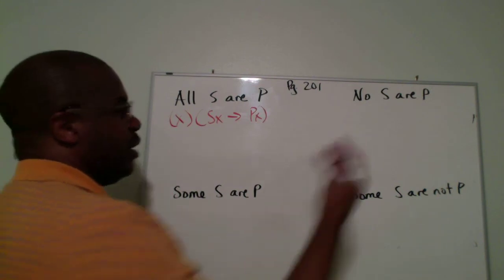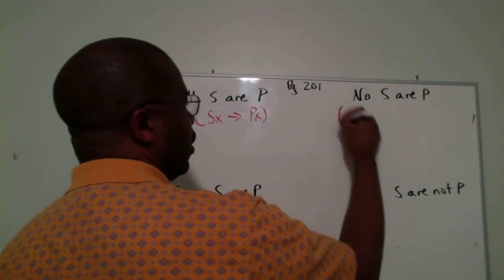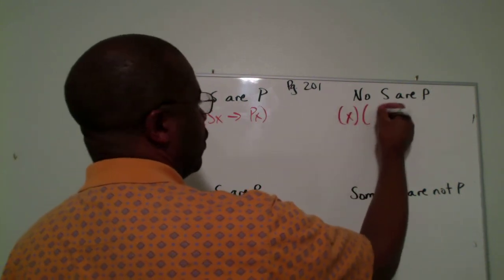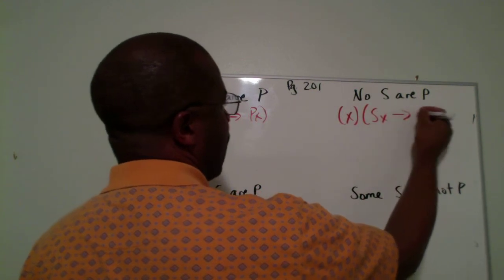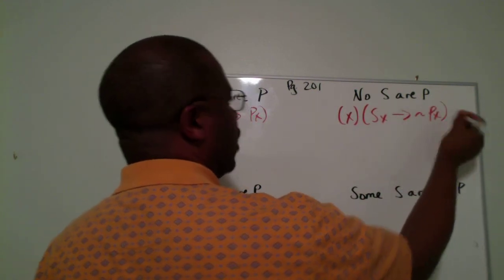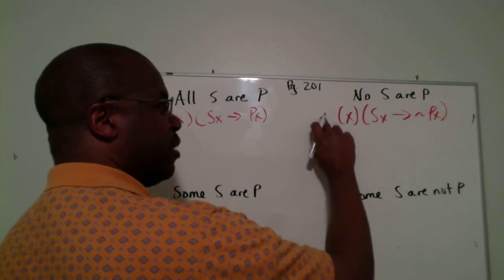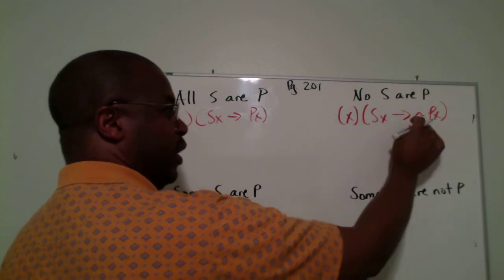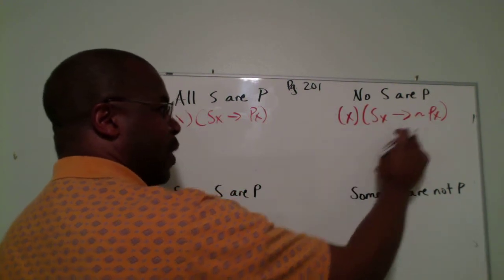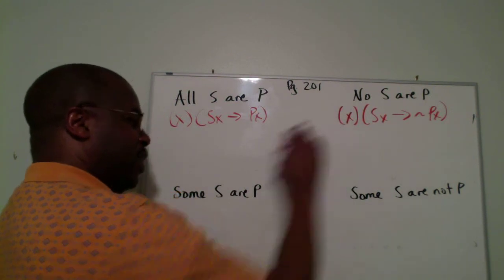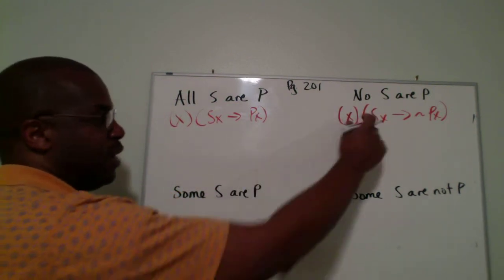No S are P, all those statements are reduced to this. Please take note of where the tilde is appearing. It's not appearing here. It's appearing there. If it appeared here, it would really be this rather than that.